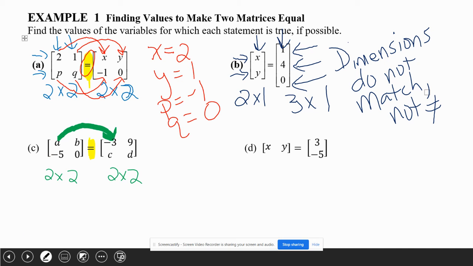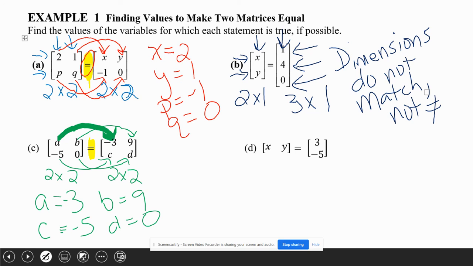So A is equal to -3. B is equal to 9. Again, they're in the same spots on each side of the equal sign. -5 is equal to C. And 0 is equal to D.